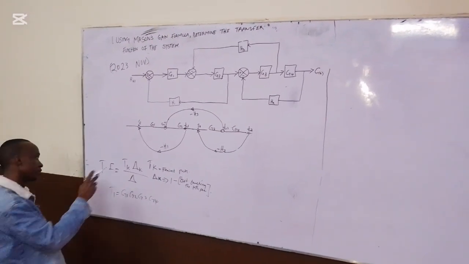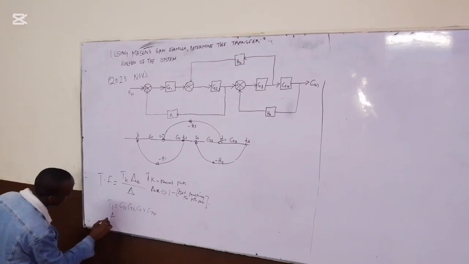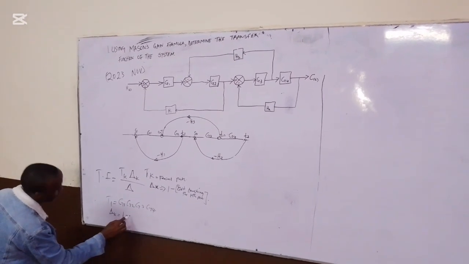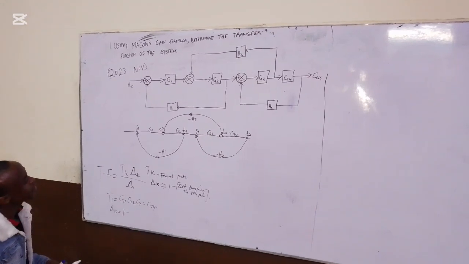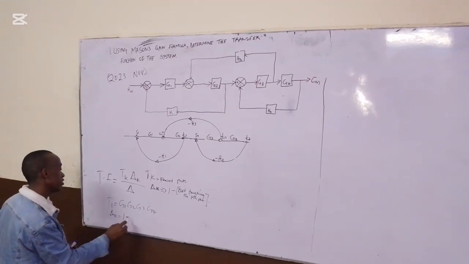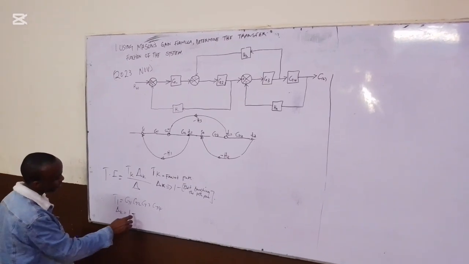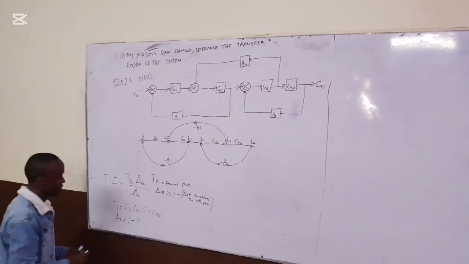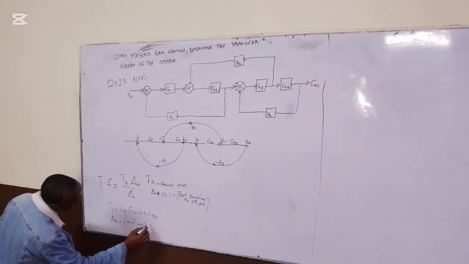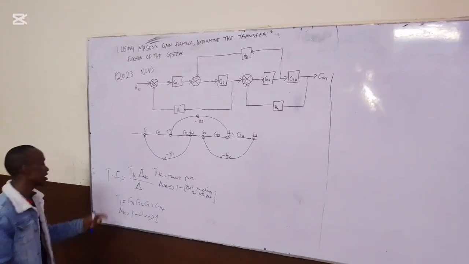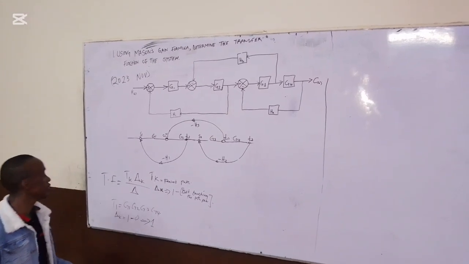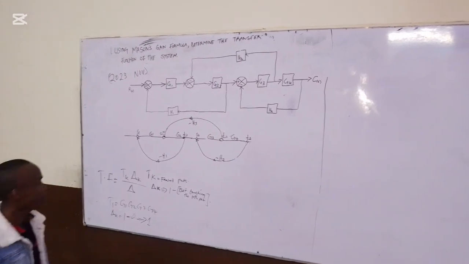Then delta k in this path is 1 because all the loops are touching the forward path. So we don't have a loop which is not touching the forward path, so we have 0. So our delta k gives us 1, such that Tk times delta k is equal to the value of the forward path.